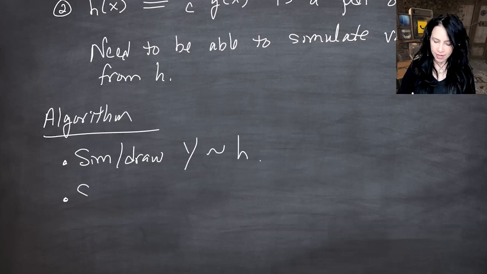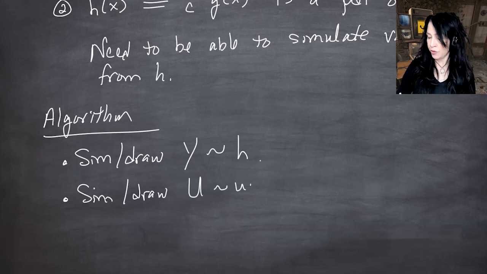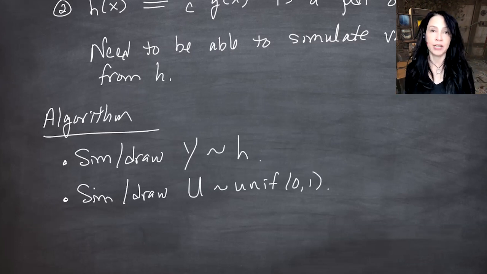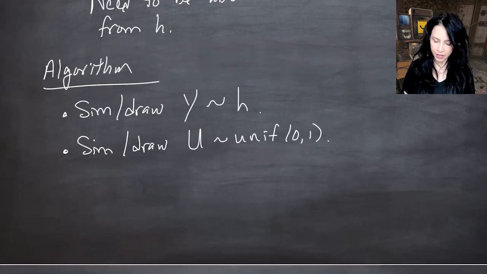And then the next step is to simulate, or draw, a uniform. I'll call it U, uniform 0, 1, which we already assume we can do from a random number generator.